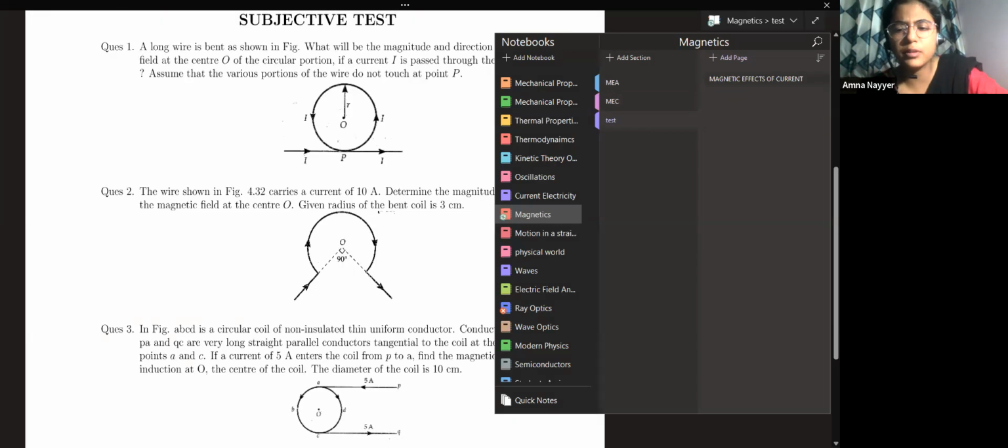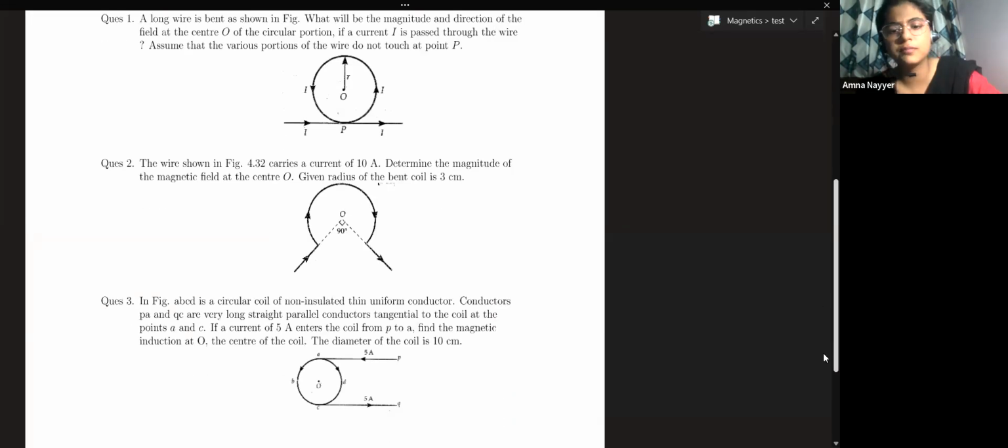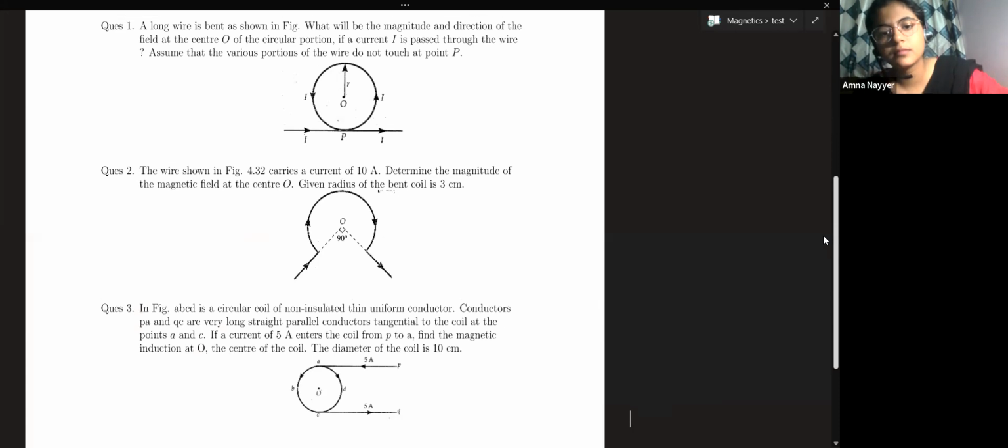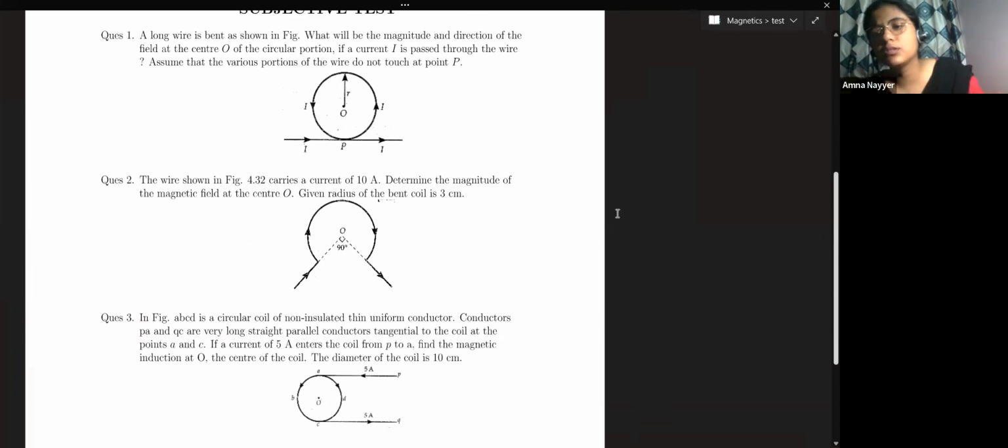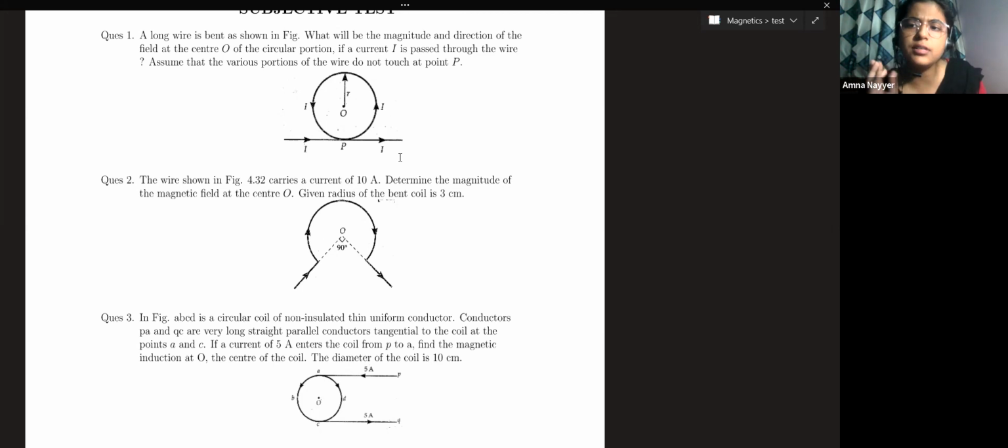Questions are easy. Three questions are there. All of you will be able to do them. Avantika, you're exempted from today's test. If you think the questions are easier, you can attempt it. Otherwise, take the screenshot of the paper and solve it later on.